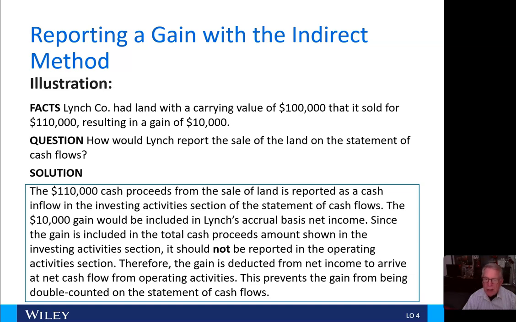However, since the gain is included in the total cash proceeds amount shown in the investing activities section, it should not be reported in the operating activities section. Therefore, the gain is deducted from net income to arrive at net cash flow from operating activities. This prevents the gain from being double counted on the statement of cash flows.